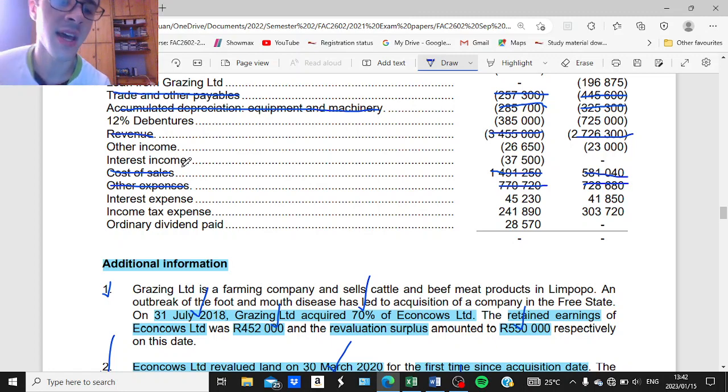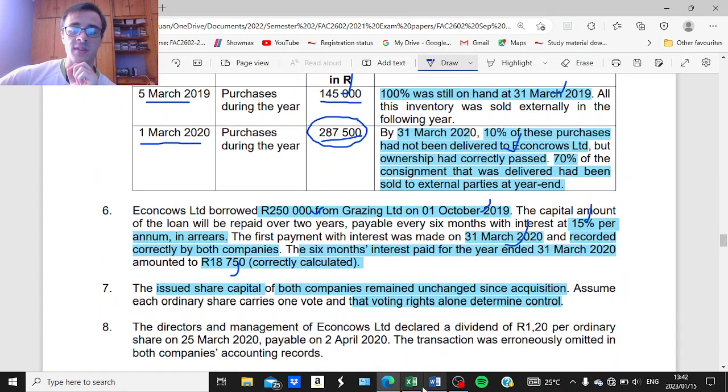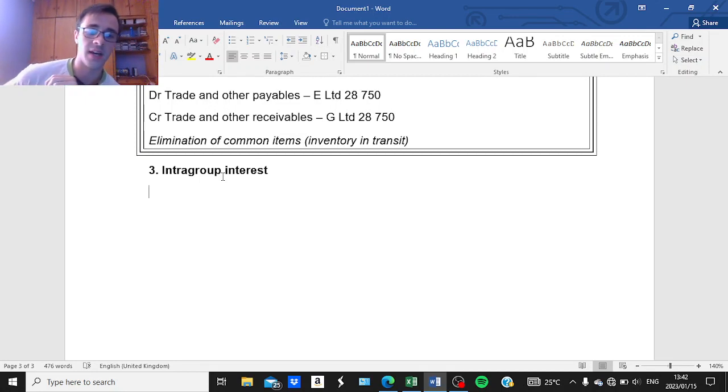Interest income has been shown separately. So we need to eliminate the intergroup interest for consolidation purposes, and we will do that as follows. No calculation is needed because the amount has been provided in additional information point 6.